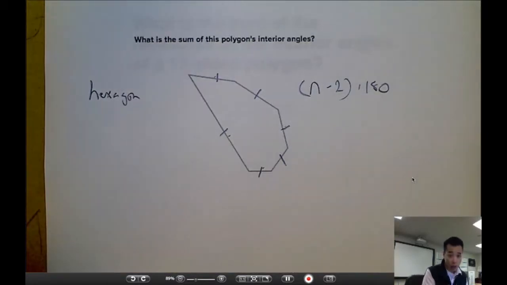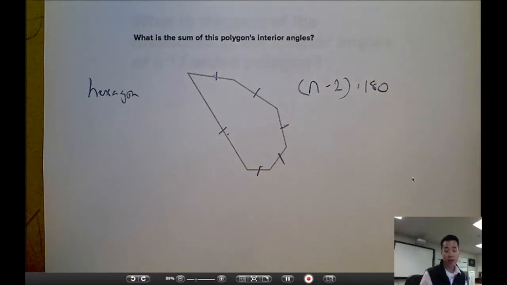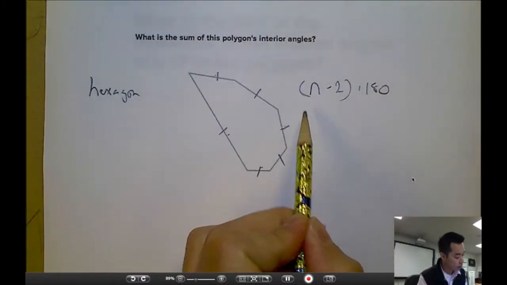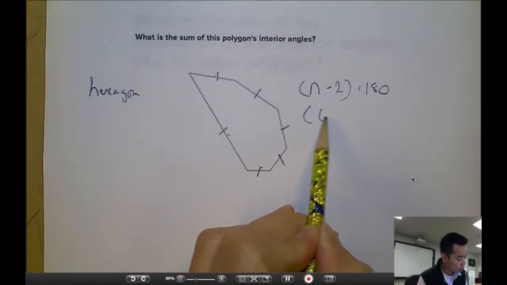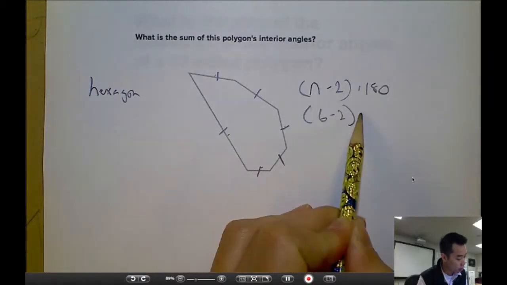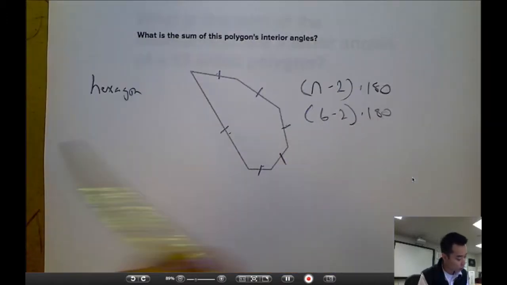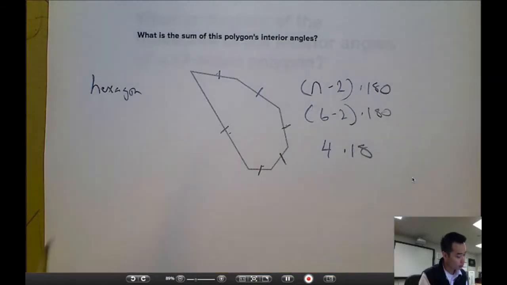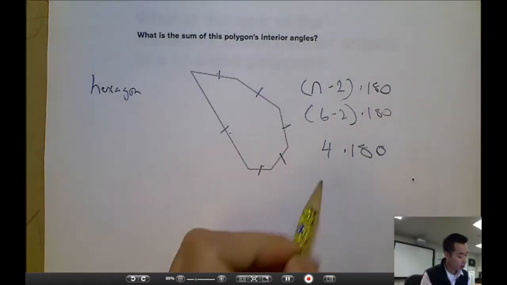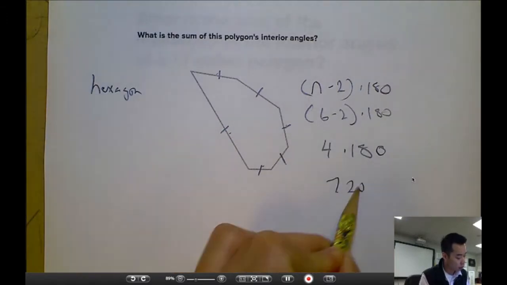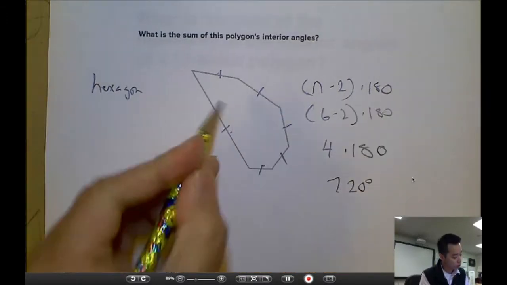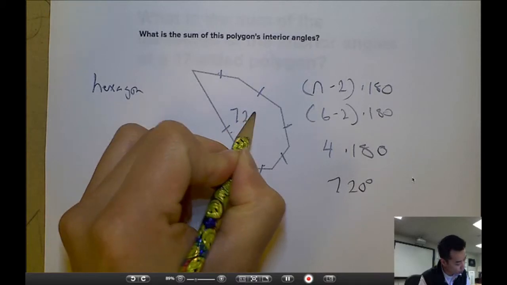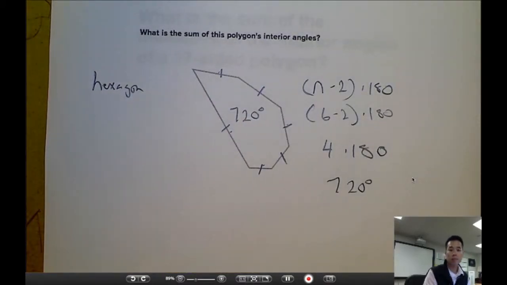This is an irregular polygon because all the segments are not congruent. So then we put it into the formula: 6 sides minus 2 times 180, 4 times 180. And then here we have 720 degrees. So the sum of this would be 720 degrees.